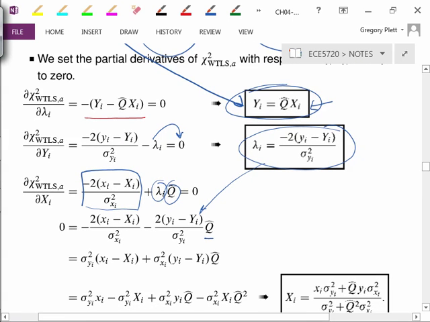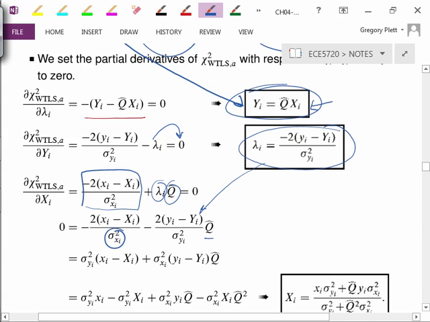Notice this is not inside a summation. We took derivatives with respect to a single term in the summation, so with respect to that term and setting the derivatives to 0, I don't have to worry about the index quite the same way as I did before, and I am permitted to multiply both sides of this equation by, for example, sigma_x squared and sigma_y squared, which I do to clear up the fractions.